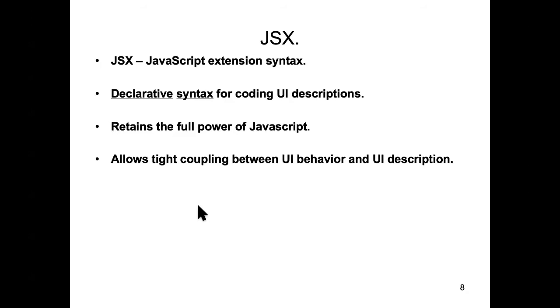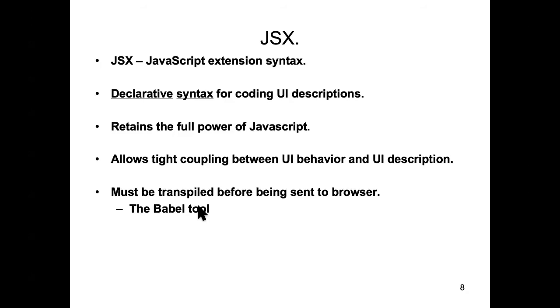And JSX, which is what we're going to use to implement our UI description, can be, as I've already mentioned, co-located with the JavaScript that is implementing your UI component's behavior.